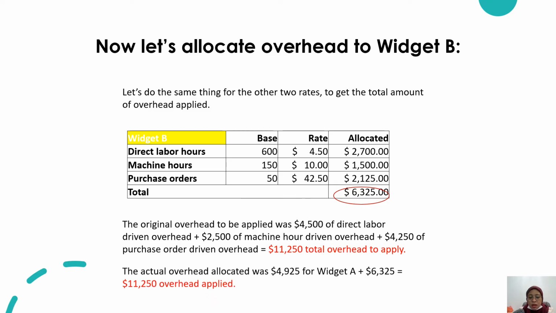This 11,250 should tally back with the allocation. The actual overhead allocated was 4,925 for widget A plus 6,325 for widget B. It should total 11,250. Okay.